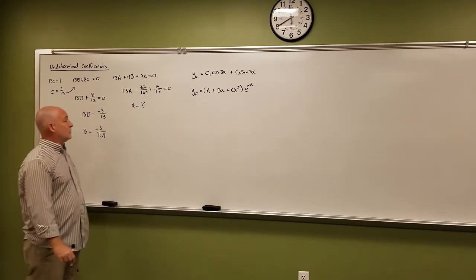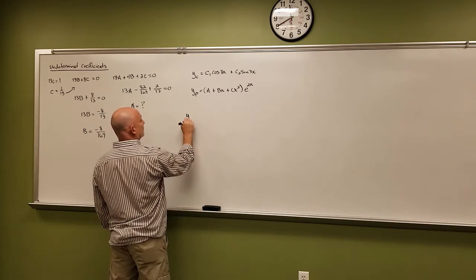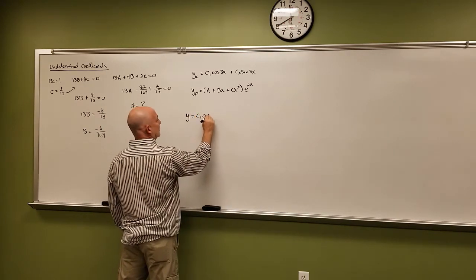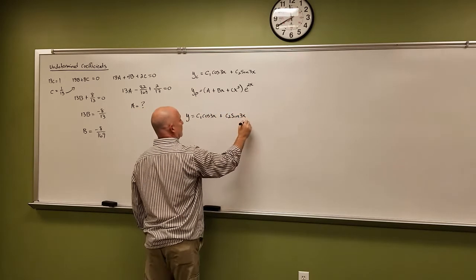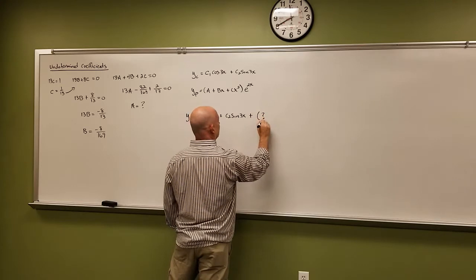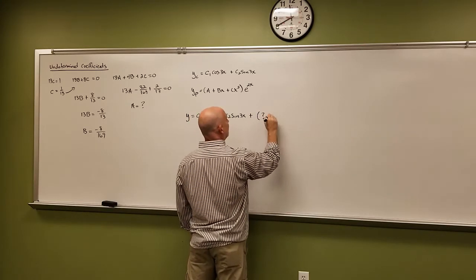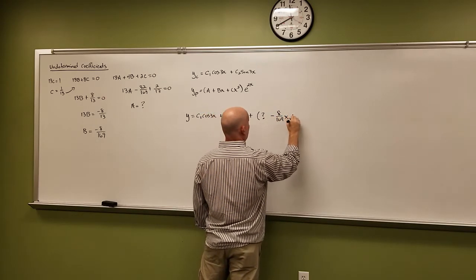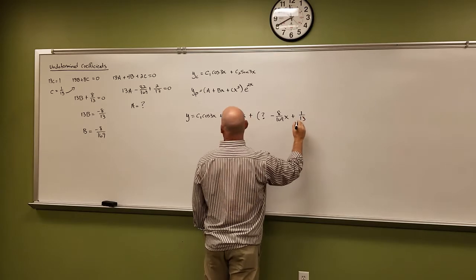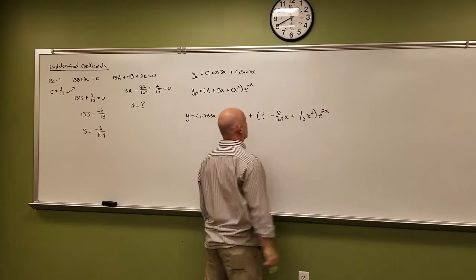So now for our particular solution, all we got to do is plug what a, b, and c are in here. So our complete solution is C1 cosine 3x plus C2 sine 3x plus whatever a was, plus what was b? Negative 8 over 169 x plus 1/13 x squared e to the 2x.